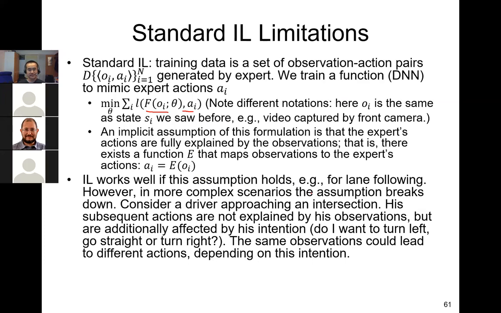Consider a driver approaching an intersection. His subsequent actions are not explained by his observations, the front camera view, but are additionally affected by his intention. Do I want to turn left, go straight, or turn right? So the same observations could lead to different actions depending on his intention.